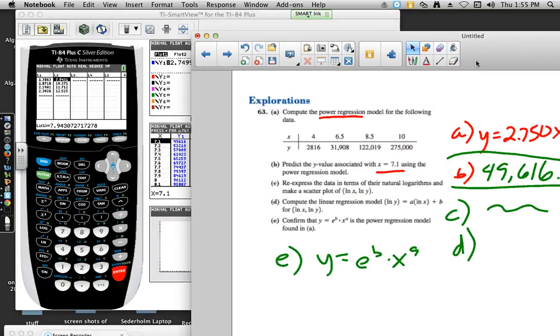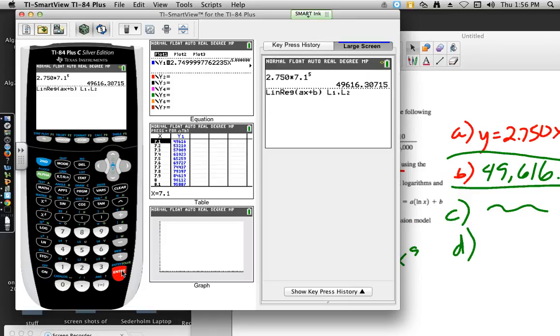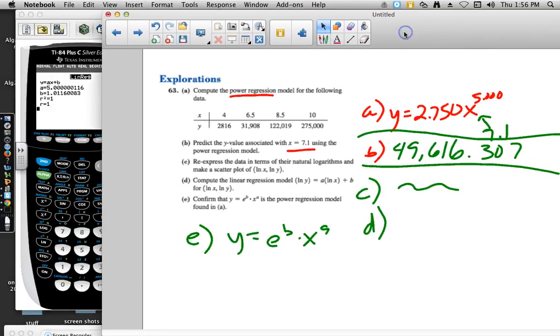So with that data that we have in there, stats, calculate, linear regression number 4, and I'm not going to store it this time. You can always just punch it in. And there's our linear regression model with our natural logs in there. So like it says, we should really write this with that natural log in there.